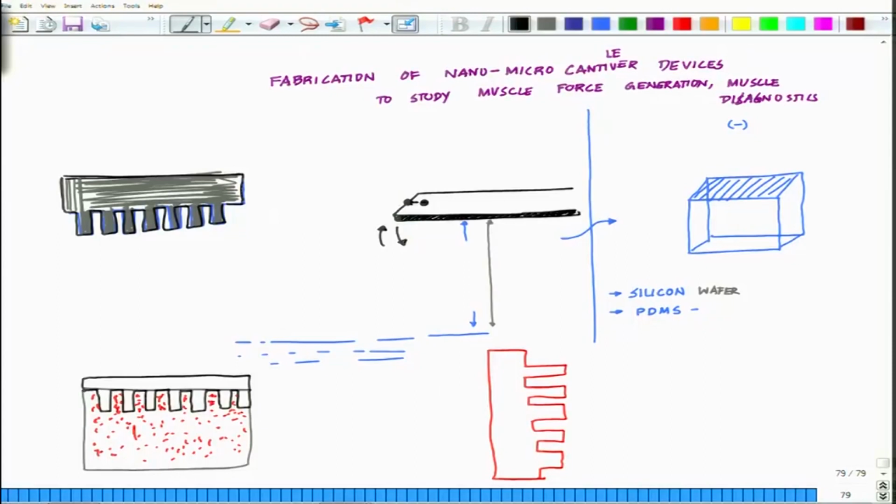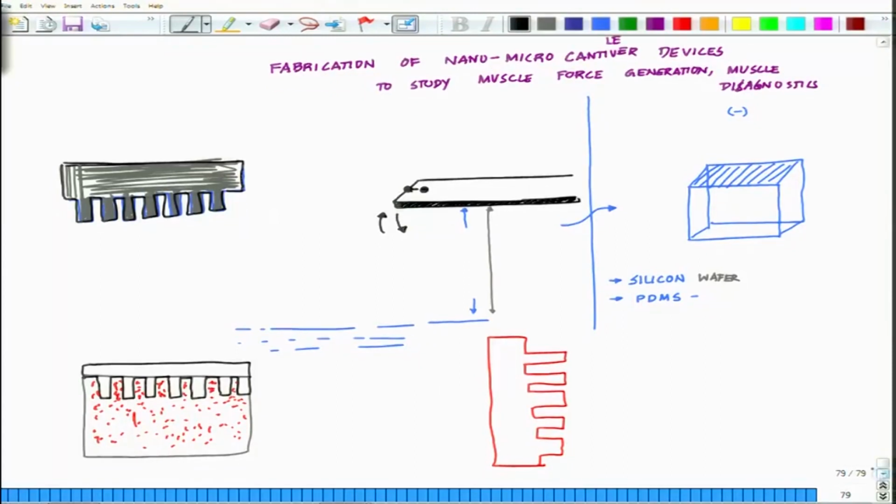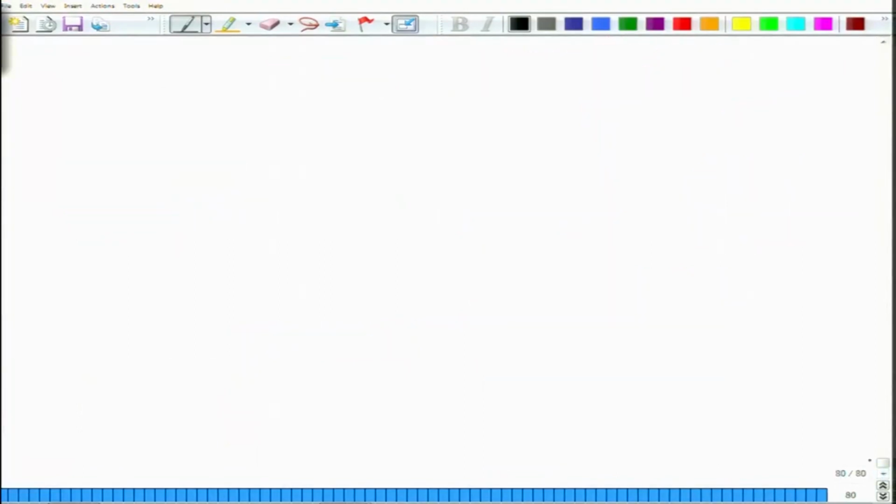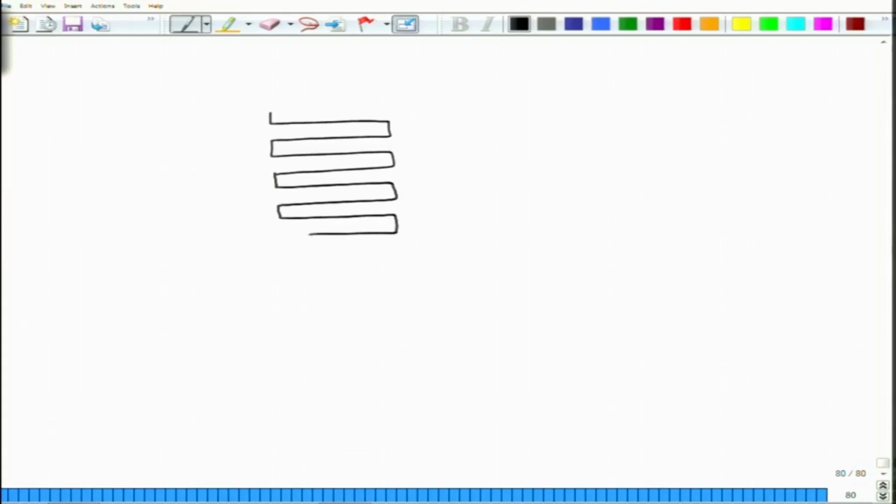Okay. Now, how do we do the diagnostics? After reaching this point, you allow the muscle cells to grow on top of these cantilevers in order for them to form myotubes. And as I told you, the myotubes are the smallest unit of muscle.